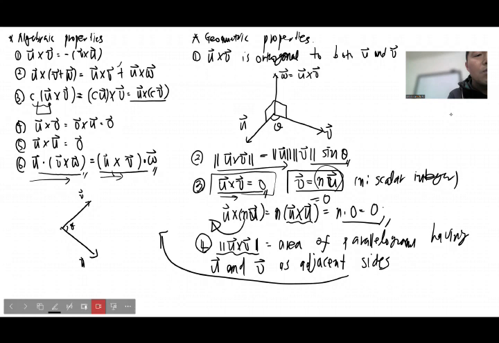And if you do u cross product v, then that should be normal to those two vectors. But if you take the absolute value of the cross product, then that is the same as the area of this parallelogram that has the two vectors as its sides.